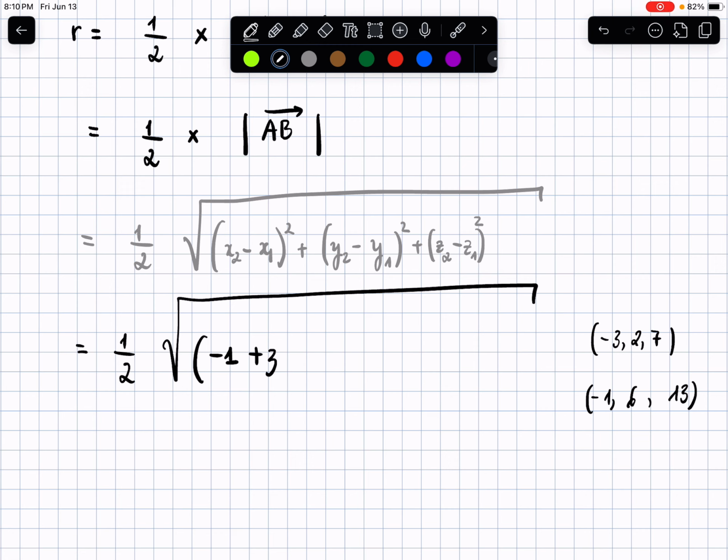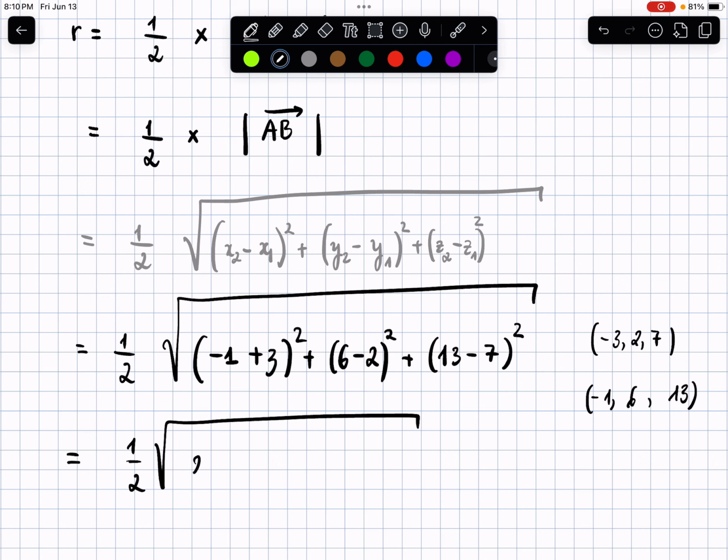So +3 squared, 6 minus 4, 6 minus 2 squared, 13 minus 7 squared. So 1/2 square root of 2 squared, 4 squared, and 6 squared.